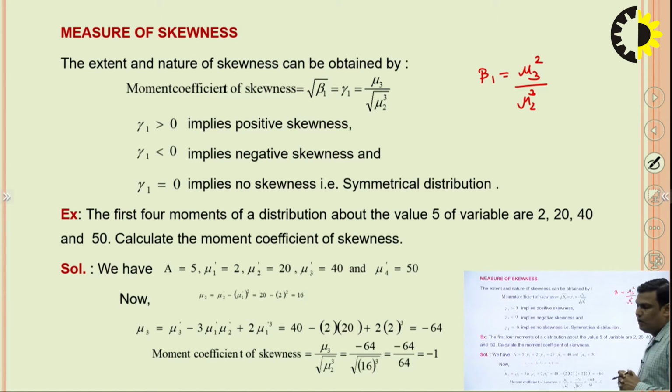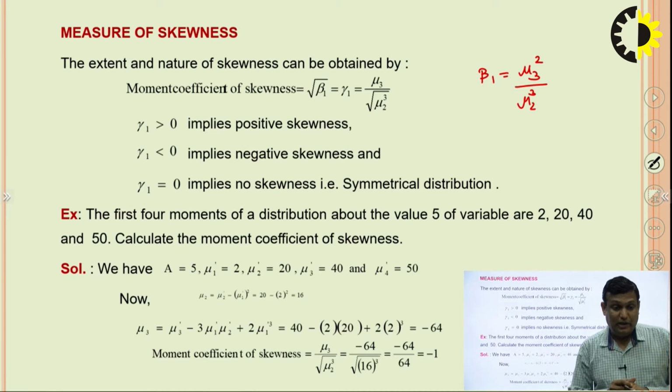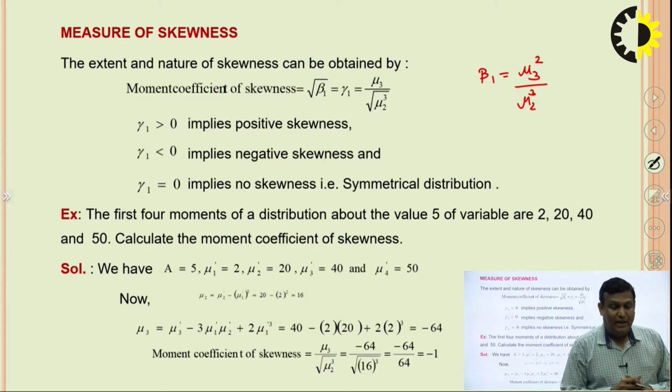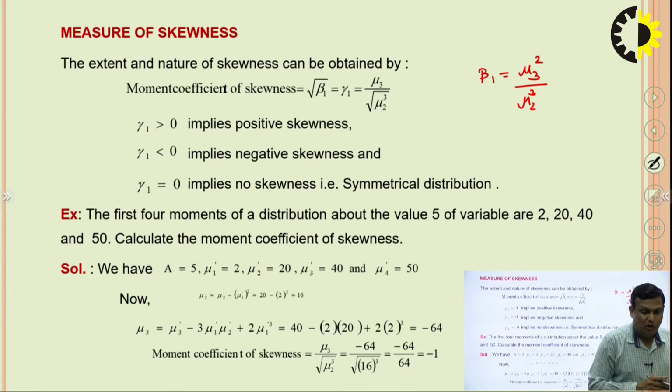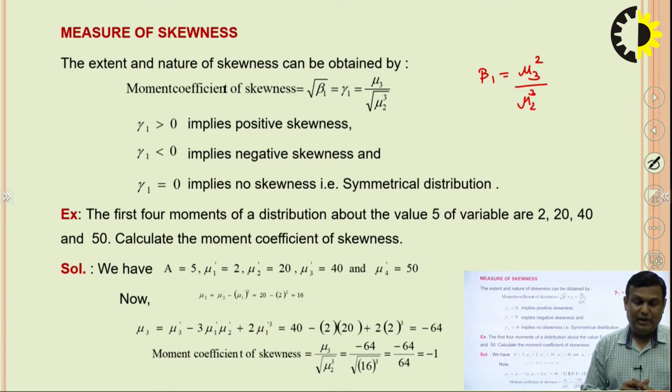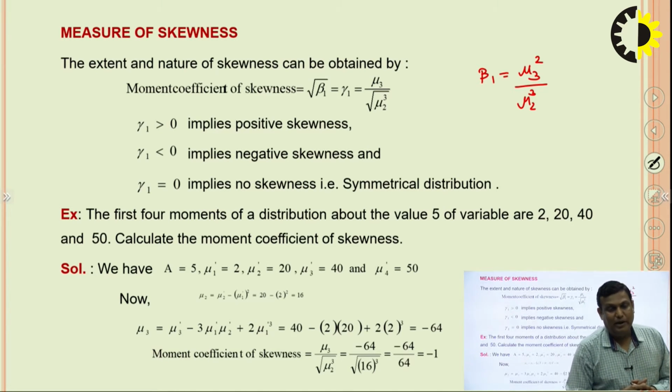We know this from moments, and moments have three types: moments about origin, moments about a raw point, and moments about the mean, the central moment. The central moment is denoted as mu r, the raw moment is denoted as mu r dash, and the moment about origin is denoted as v r.